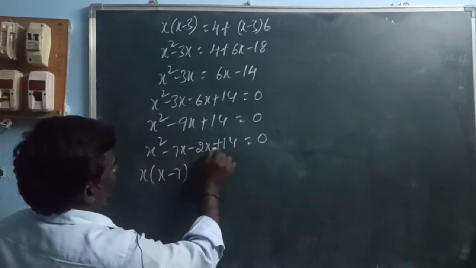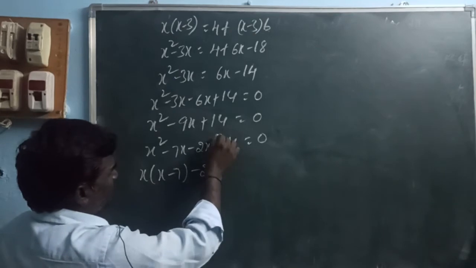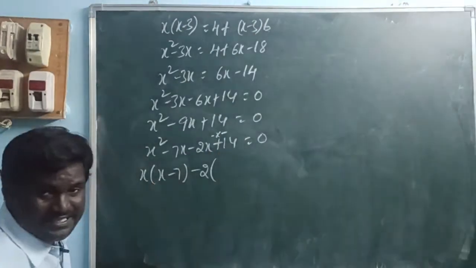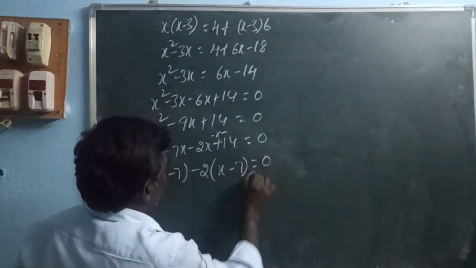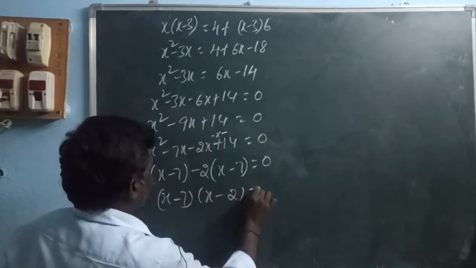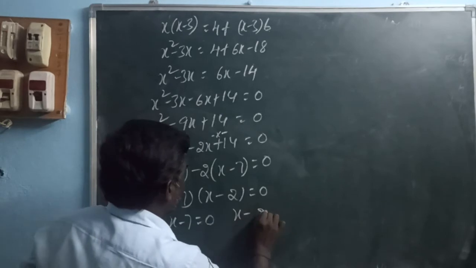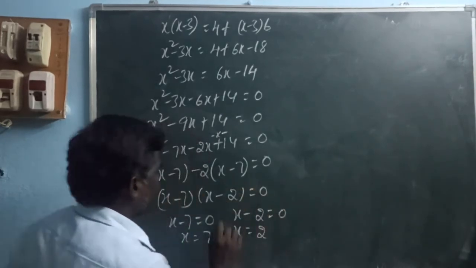In the last two terms, what is common? Minus 2. Taking minus 2 common, 14 we can write as 7 twos. So minus 2 outside, what remains? x minus 7 is equal to 0. So x minus 7 into x minus 2 is equal to 0. That is x minus 7 is equal to 0 or x minus 2 is equal to 0, so x is equal to 7 or x is equal to 2.